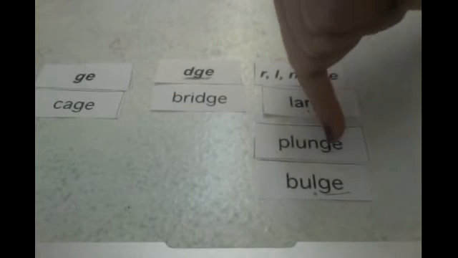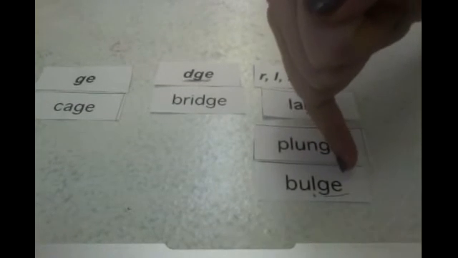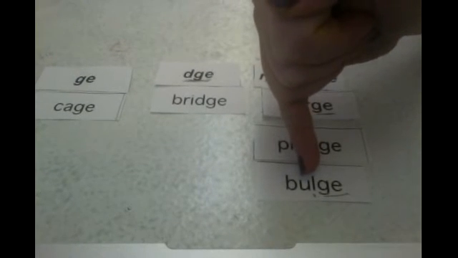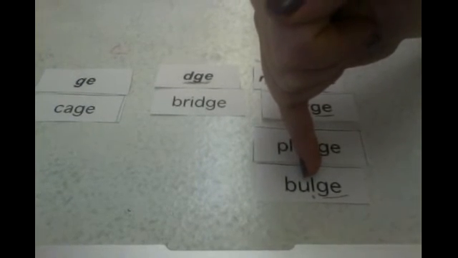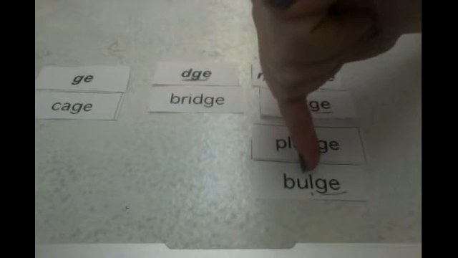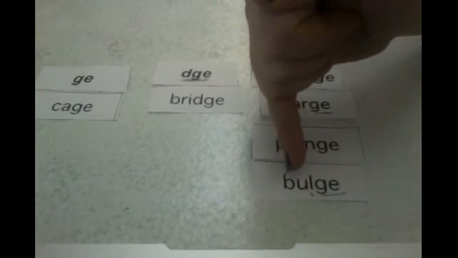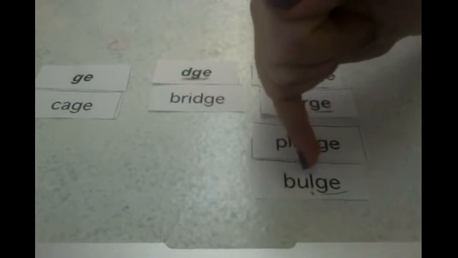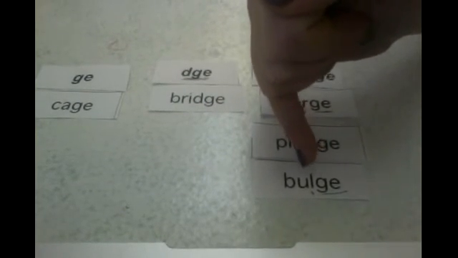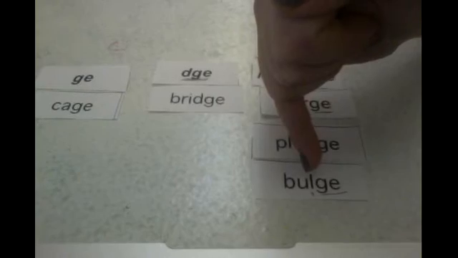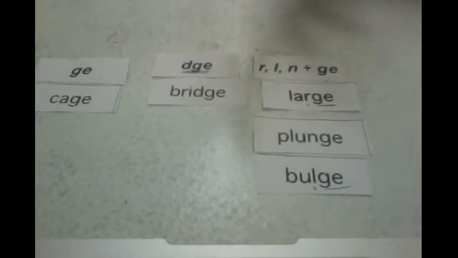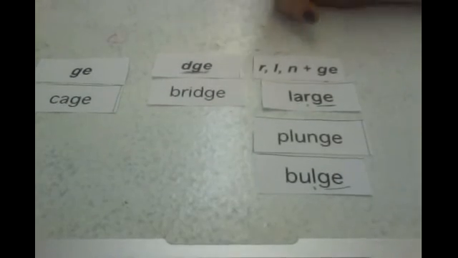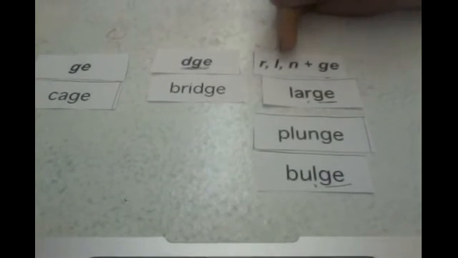And if you listen, what is this saying here? It's not saying bulge with a clear u sound. It's kind of like the L is almost taking over that vowel sound as well. So when you can't hear a distinct vowel sound, it's probably going to go in this column with the R plus the GE, the L plus the GE, or the N plus the GE.